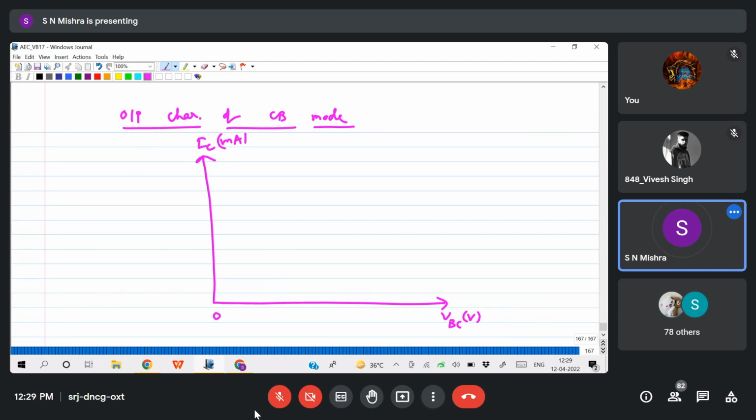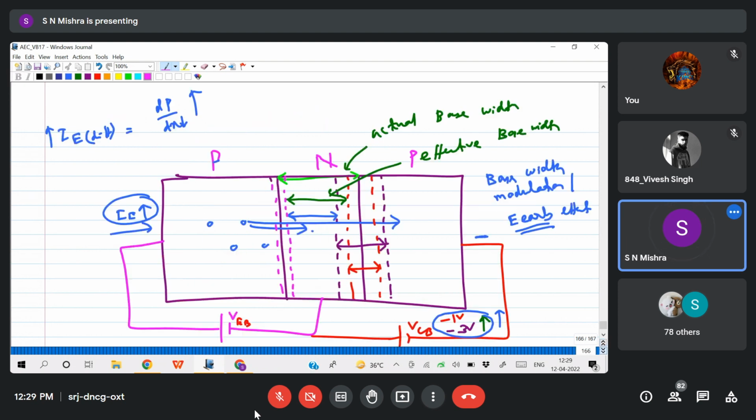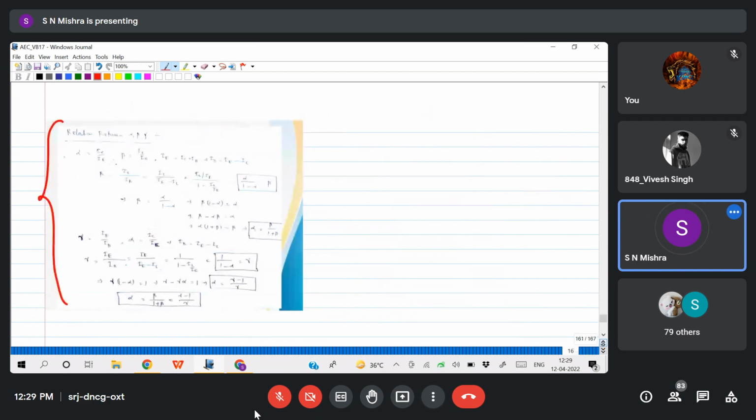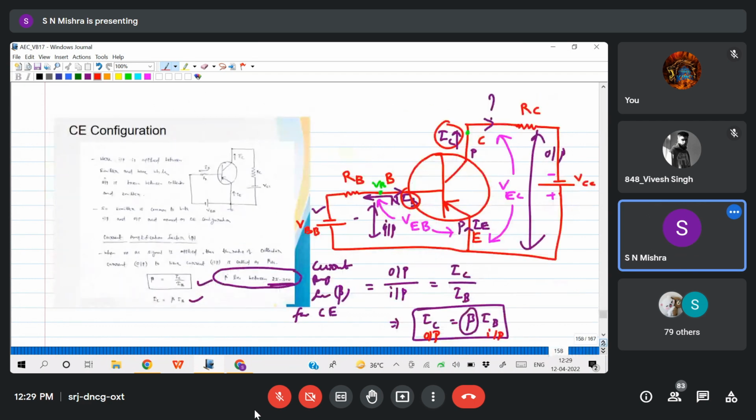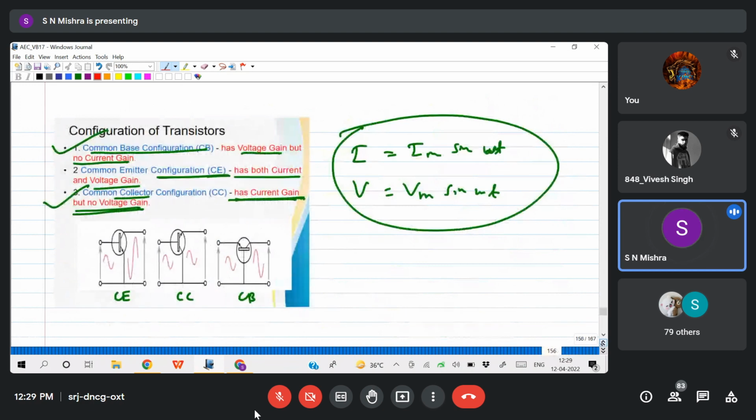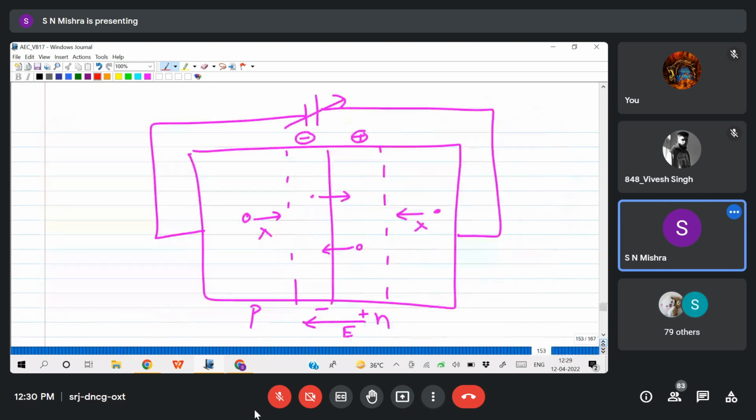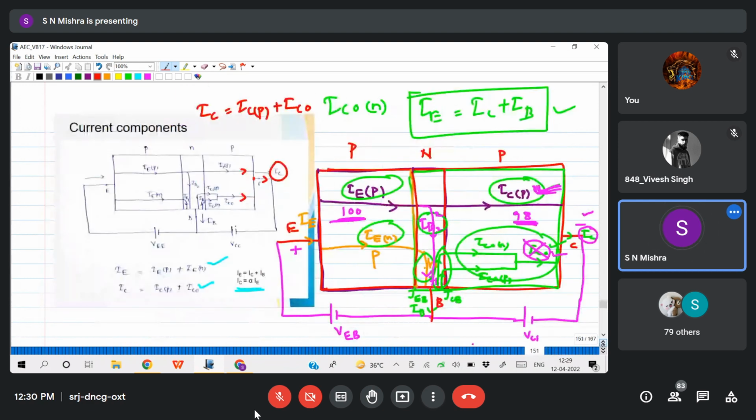It is 0. Now come to this diagram. Here, when we have open circuited the emitter base junction, what is my current? What current will I get? This is your IC. If you go back to the current component graph we have discussed, this one.